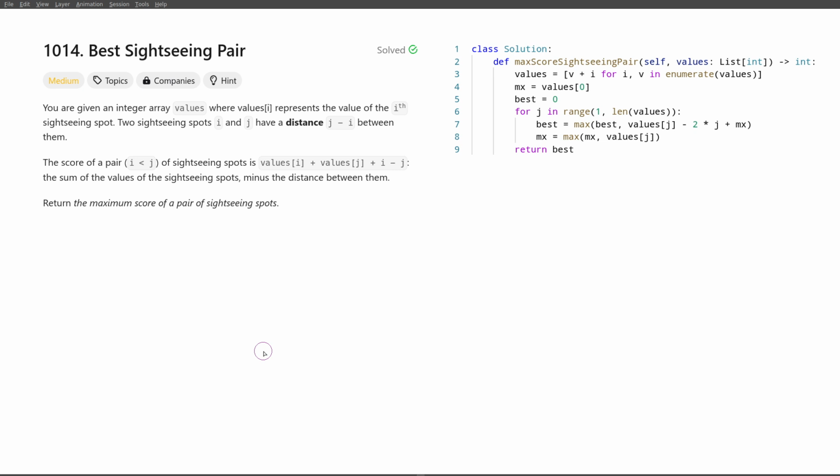And we can see that this is indeed the case in this problem. Because if we have two different values, let's say that we are iterating over j and finding the best i for every j. This is also what I am going to do in my solution, and this is a very standard approach.